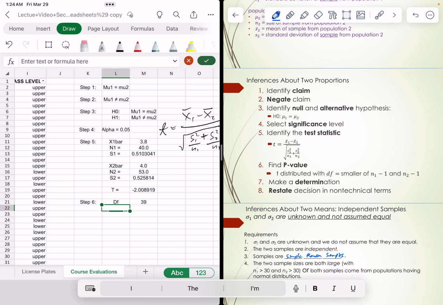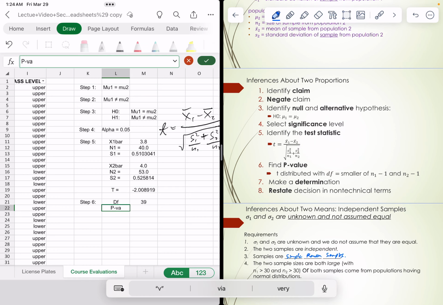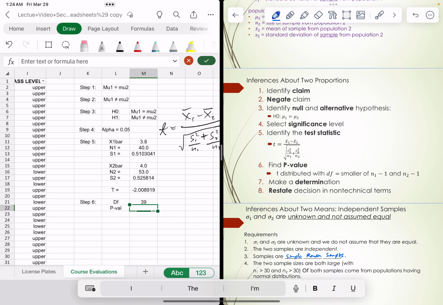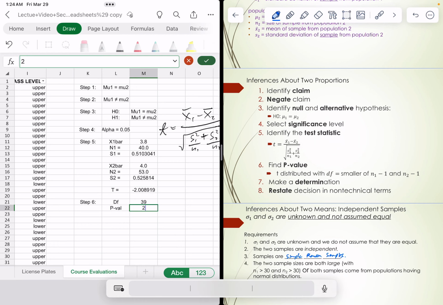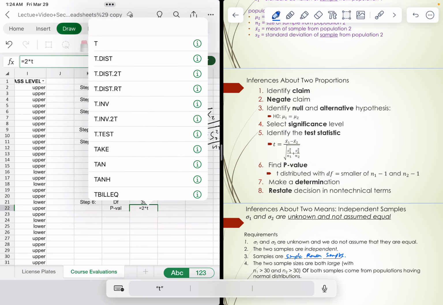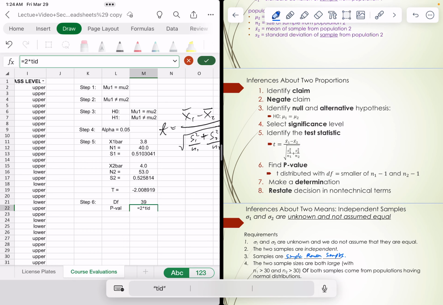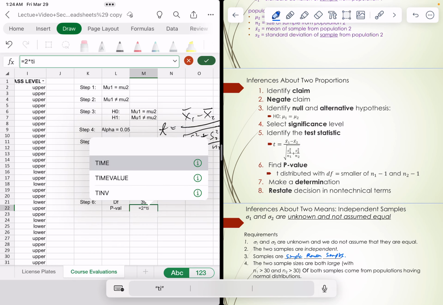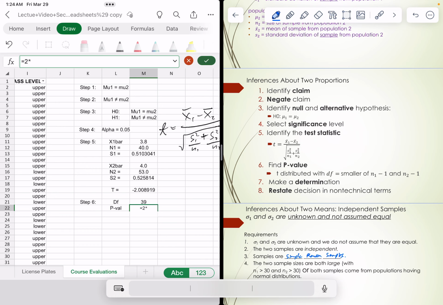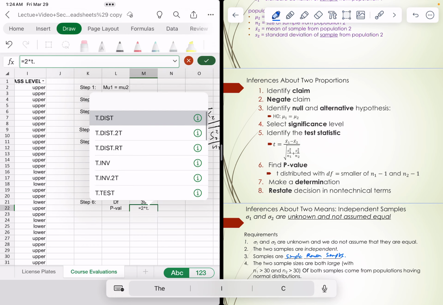So now, the p-value is going to equal, and again, it's a two-tailed test. So I'm going to do equals 2 times T.DIST.